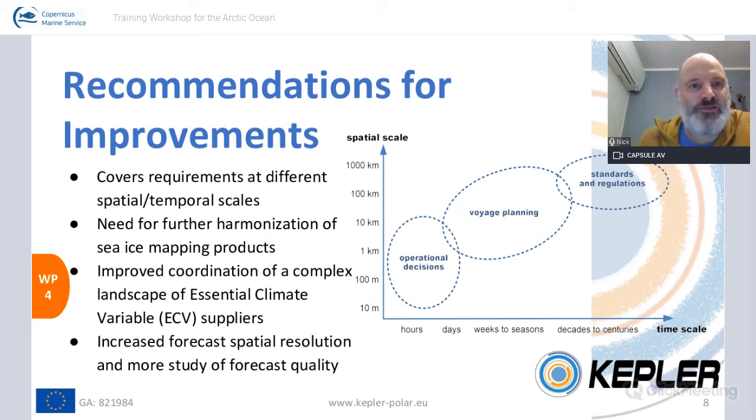Work package 4 will be addressed by Keld, and he'll talk more about recommendations for improvements to sea ice mapping. This will cover requirements at the different spatial and temporal scales.